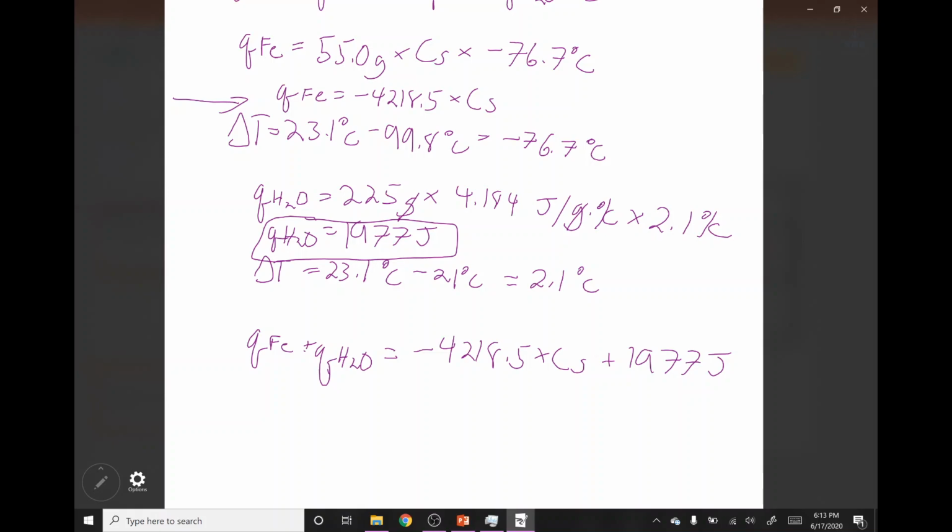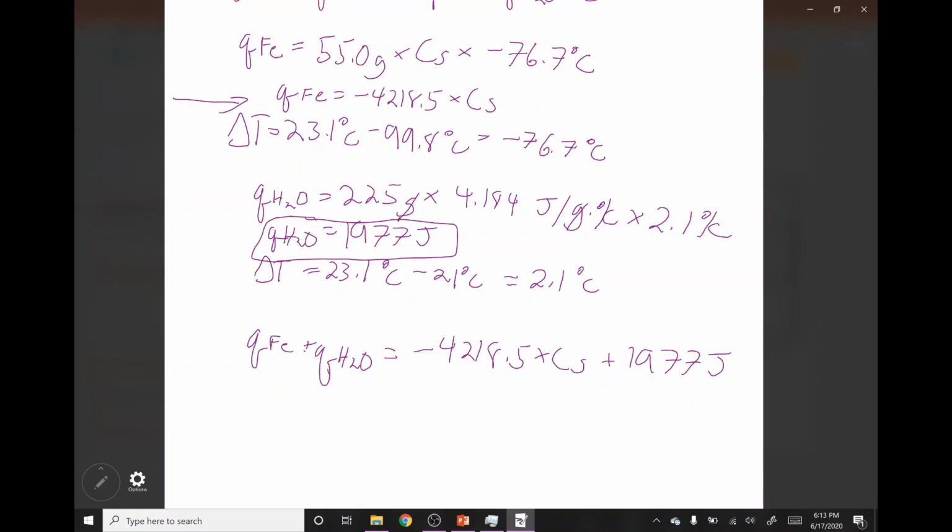Basically we need to solve this for CS. So minus 4219 times CS is equal to minus 1977 joules.